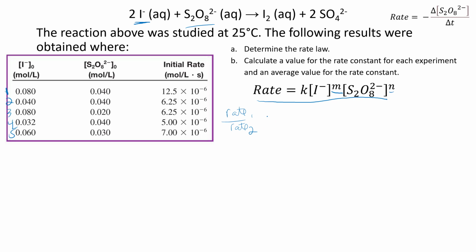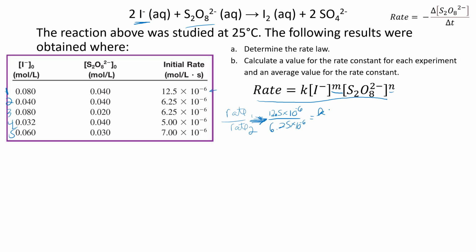That might look something like this, where we've got our rate 1, which is right here, 12.5 times 10 to the negative 6 over 6.25 times 10 to the negative 6. And that equals, I'm going to draw this so we can see what I'm creating. This general rate law is what we're going to use.